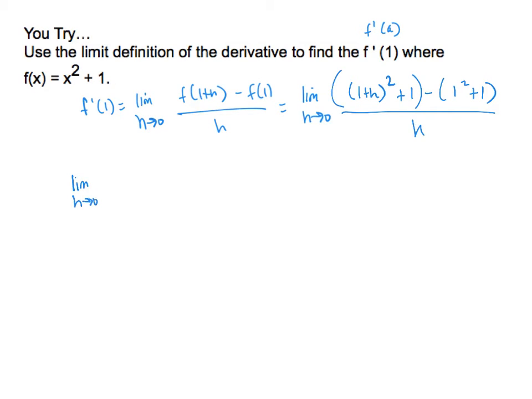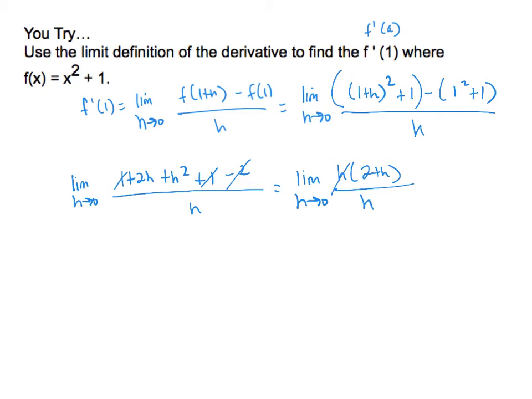Limit as h goes to 0 of 1 plus 2h plus h squared plus 1 minus 2, all over h. Those constants, 1 plus 1 minus 2, give me a 0. In the numerator, I can factor out an h, and I'm left with 2 plus h. Divide out those h's, and then input the 0, so I get an answer of 2.